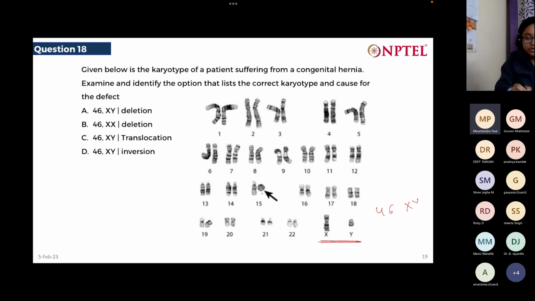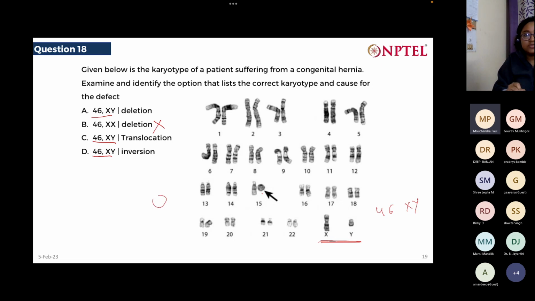So 46,XY is present here, and is present here as well, so this option is wrong, and you can understand why. Now here at chromosome number 15, observe that the structure of this chromosome is ring-like, meaning circular.